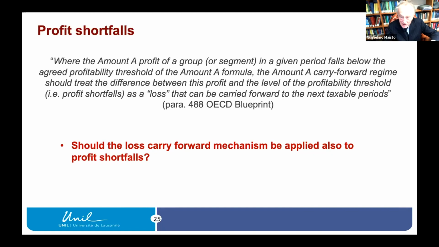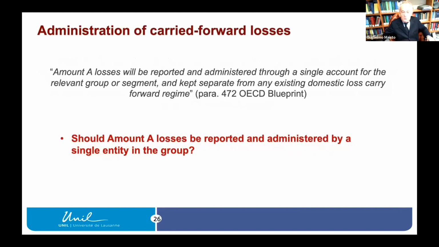Because of time constraints, we can put the comments together. We move to the next slide, which has to do with what we have discussed so far, namely whether Amount A losses should be reported and administered by a single entity in the group.